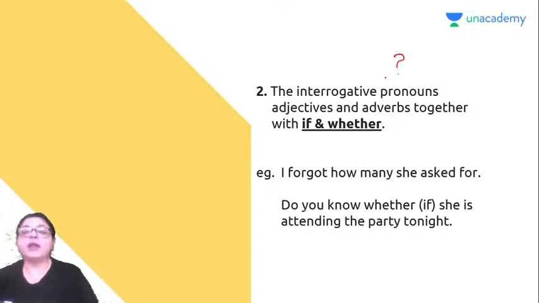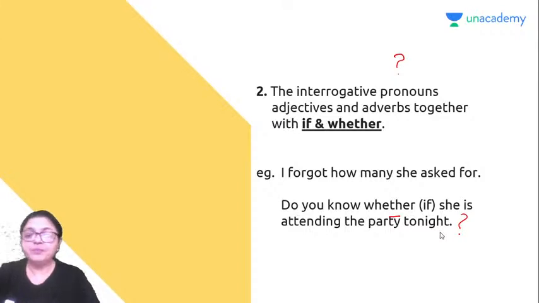Do you know whether, that is, if, she is attending the party tonight? Do you know whether she is attending the party tonight? So I can add my "if" and my "whether" and make it a question.